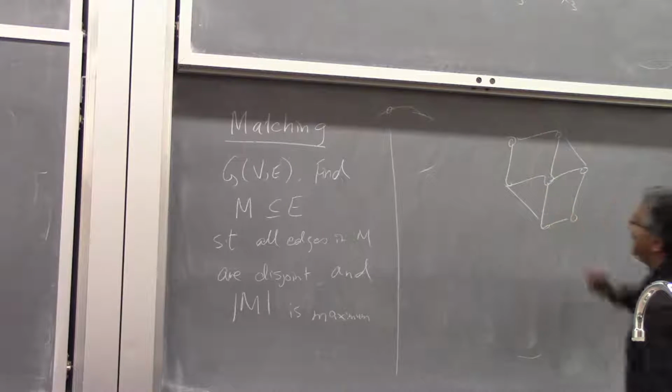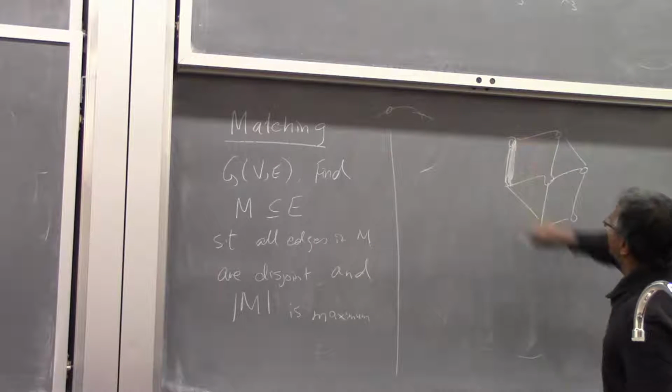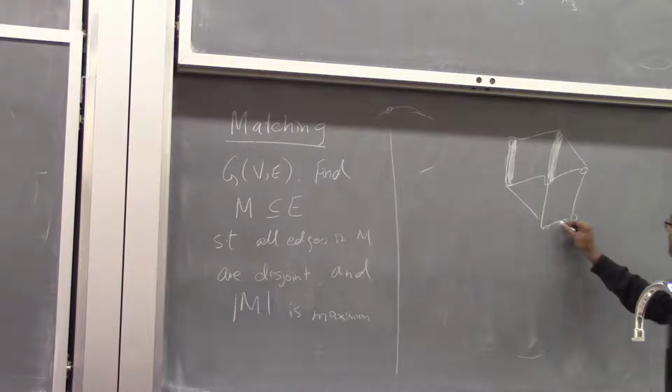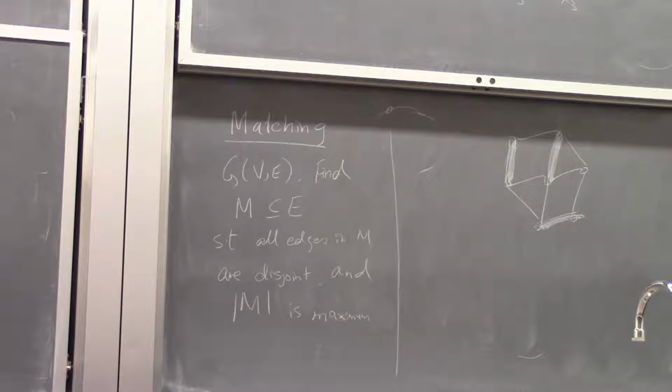And a matching would look like, oh, I took this edge, and I took this edge, and then I took this edge. They're disjoint, all the edges, they don't touch each other. And at this point, I can't add anything else to this, so it's maximal. So write an IP for this problem.